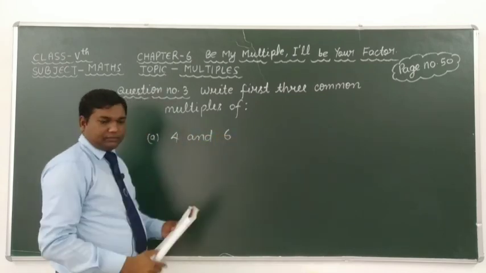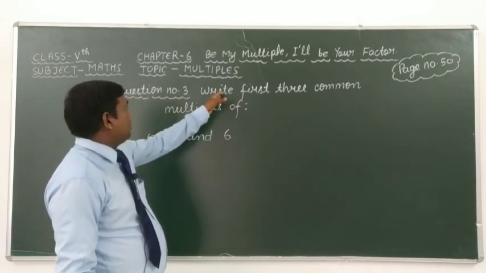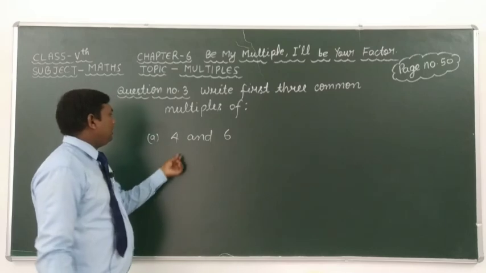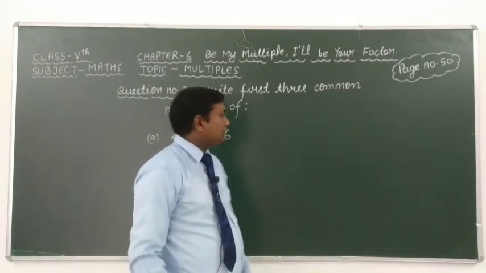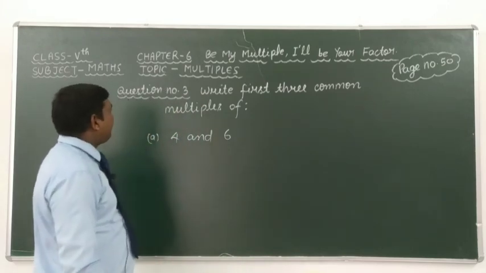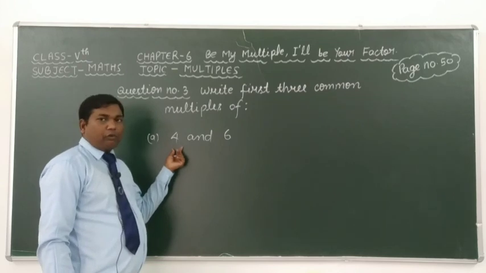It means that here we have to find the first three common multiples of 4 and 6. Okay, understand? Look at here carefully. How can we find the first three common multiples of 4 and 6?